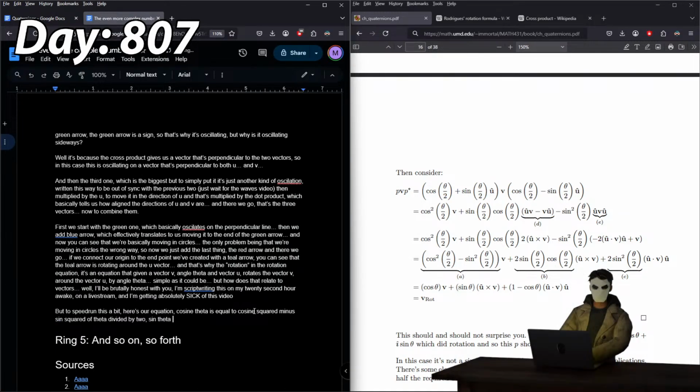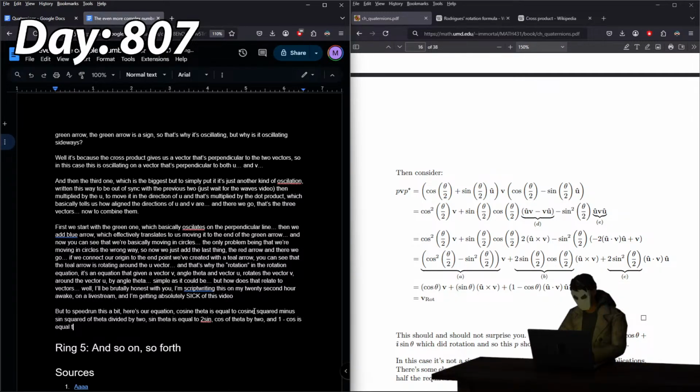Sine theta is equal to 2 sine cosine of theta by 2, and 1 minus cosine is equal to 2 sine squared of theta by 2.